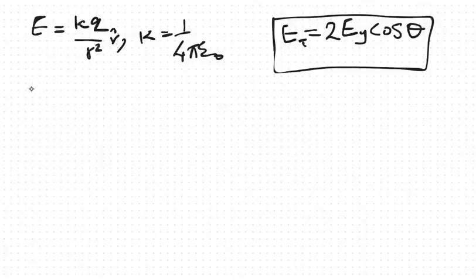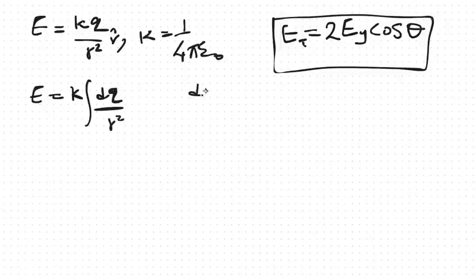So now we have E equal to the integral of dq over R squared. But remember, dq is the same thing as lambda dx, right?